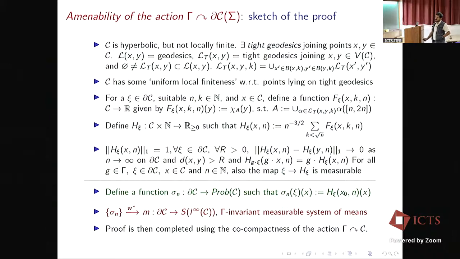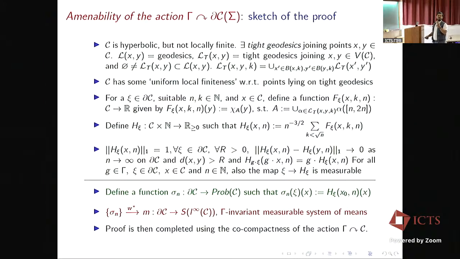If I take an alpha in this cylinder of tight geodesics, and then I take this segment of alpha, from n to twice n, this segment of length n, I collect it for all elements from this cylinder. So in a sense, you can say that this set is a cross section of this cylinder.